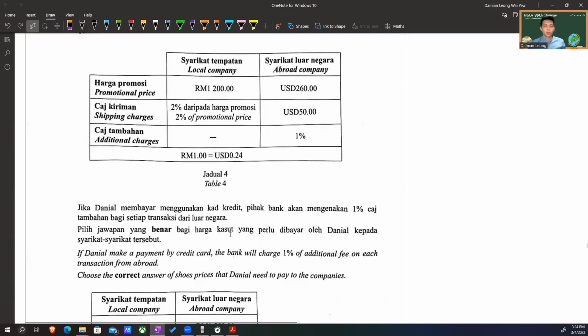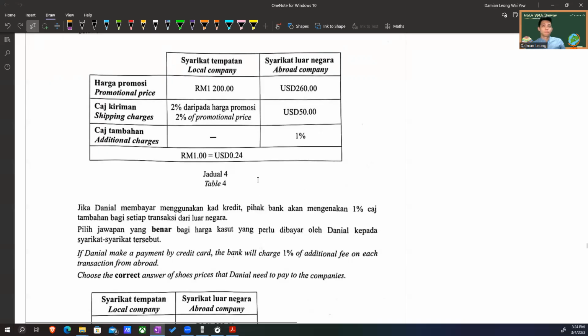So choose the correct answers of shoe prices that Daniel needs to pay to the companies. Okay, I have promotional price, local and abroad. I have the shipping charge also. Then an additional charge of 1% if it's from abroad.